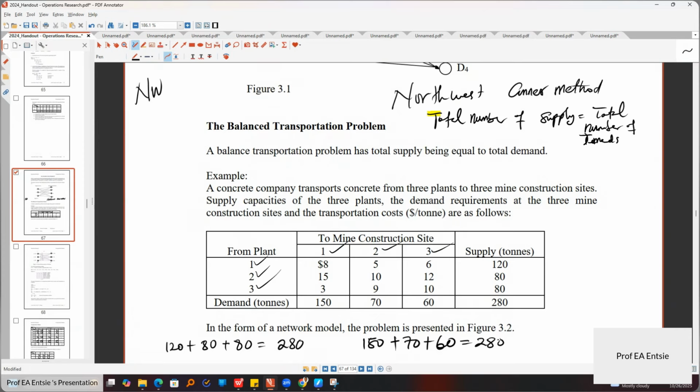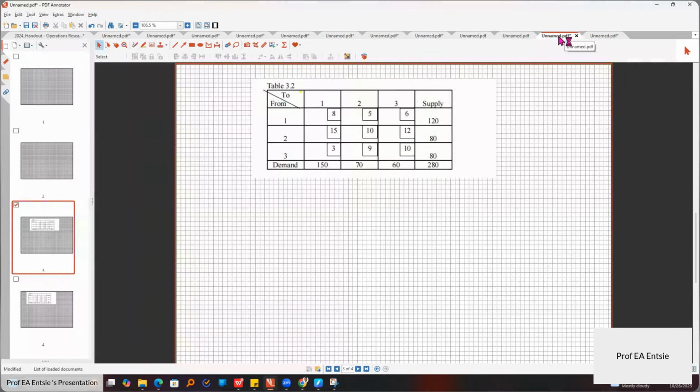So that's how it goes. Now let's go to the whiteboard again and use the northwest corner method to find the initial solution, since we know the problem is balanced.